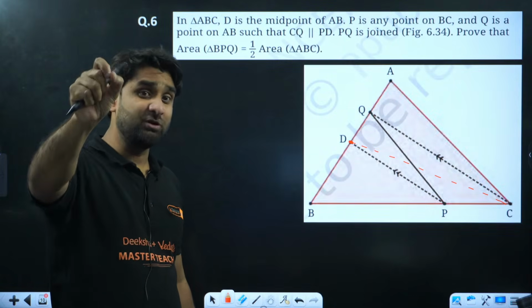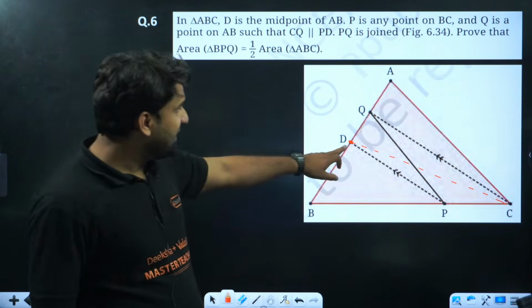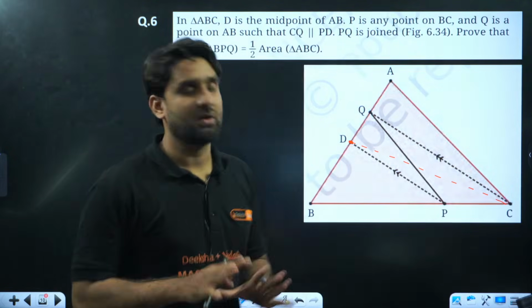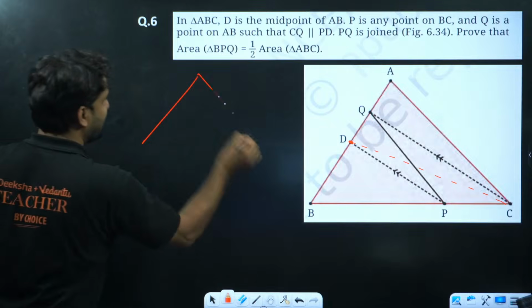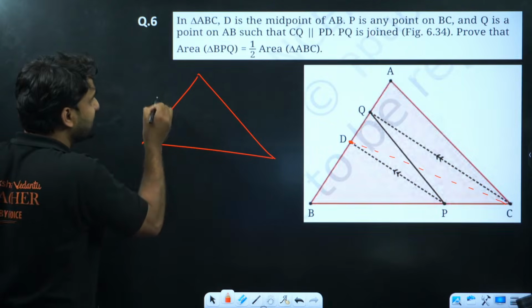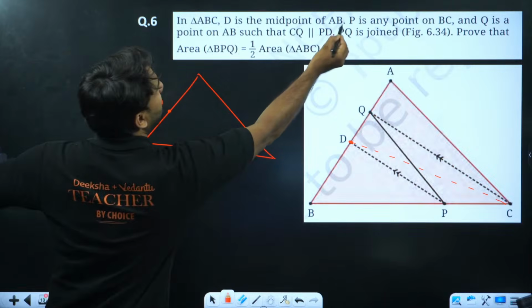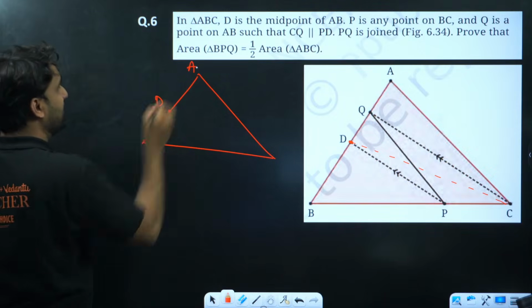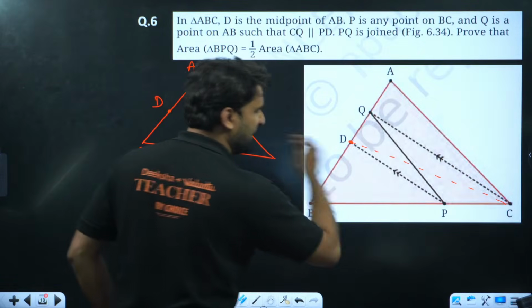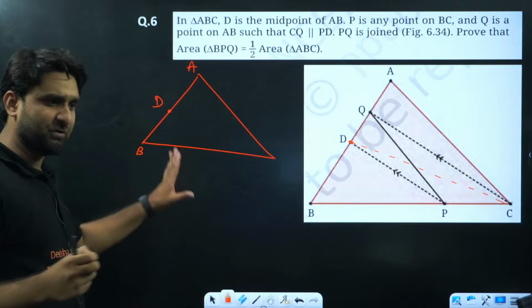But I'm giving you the very shortcut method. If D is the midpoint, and if I join D from C, focus. This is the triangle. And D is the midpoint of AB. This is given to you guys. This is AB. Please forget everything. Please forget these dotted lines, solid lines. Forget everything. Please focus here.